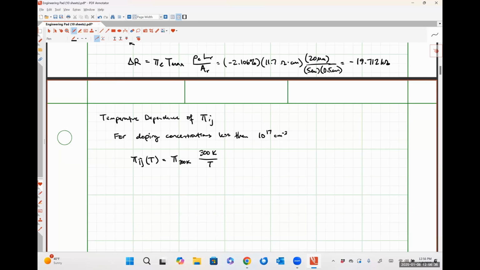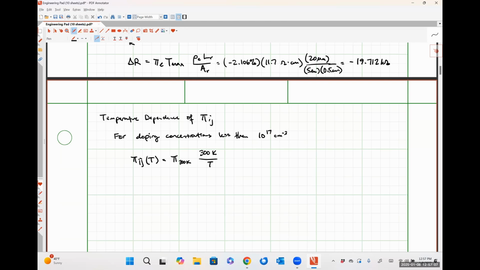So in addition to the piezo-resistive coefficient being temperature dependent, the resistivity is also a temperature dependent quantity. So in general, the resistivity increases with temperature as carrier mobility decreases.